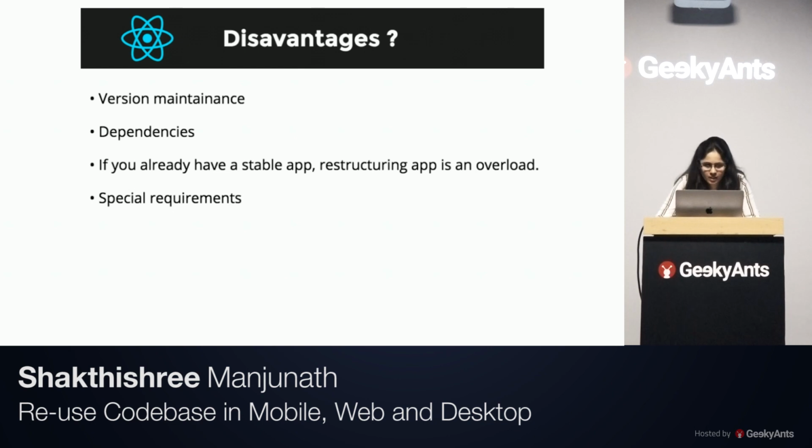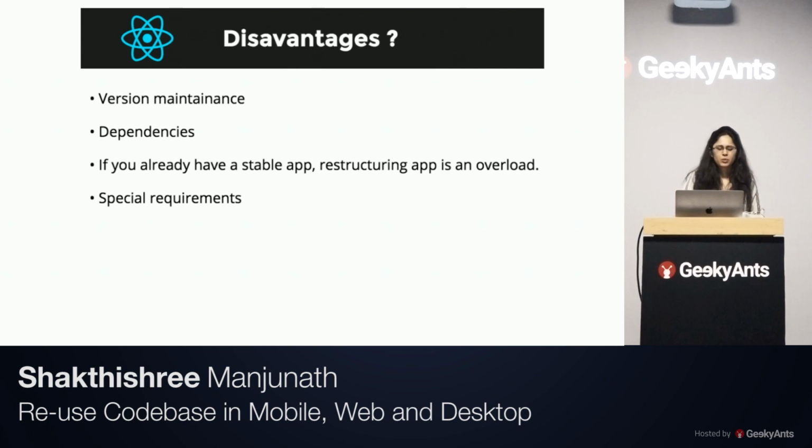And the third thing is, if you already have a stable app, and by the end of the development process the client comes up with a requirement for the same product on some other platform, then along with writing the code for the new platform, you also have to restructure your stable application to share the code. So that is also an overload.